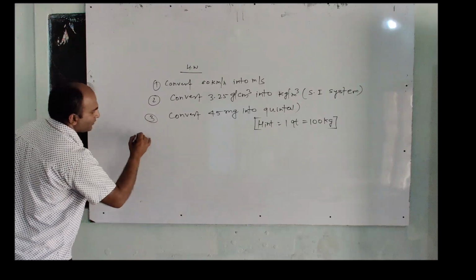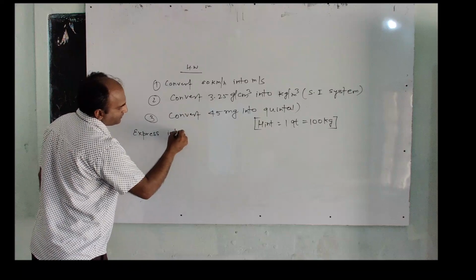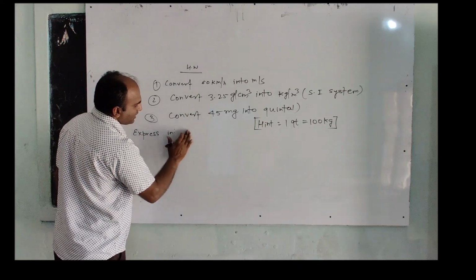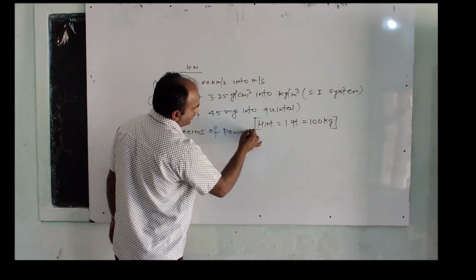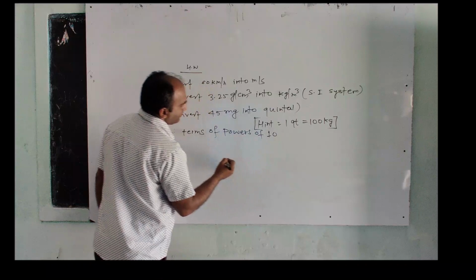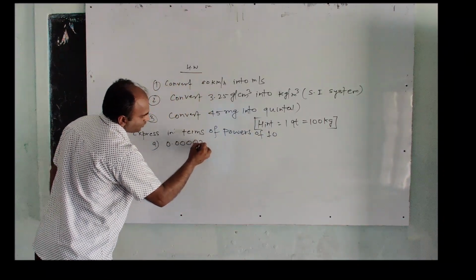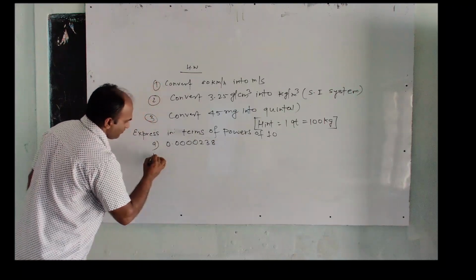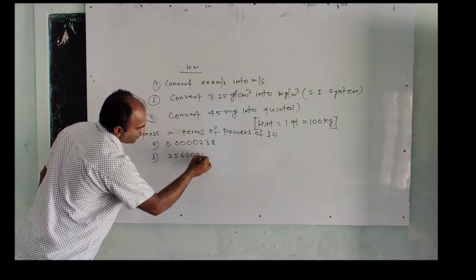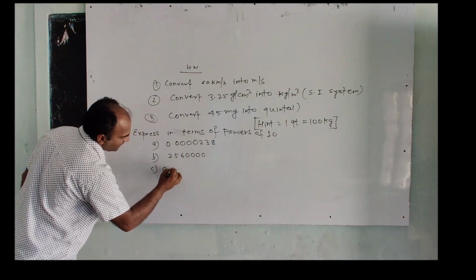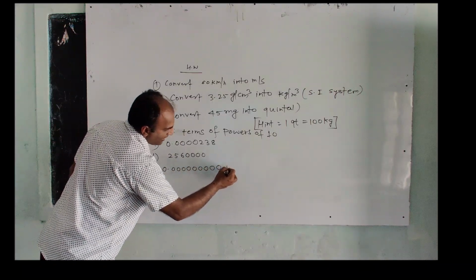Now, express in terms of powers of 10: A, 0.0000238; B, 2560000; C, 0.000000001.